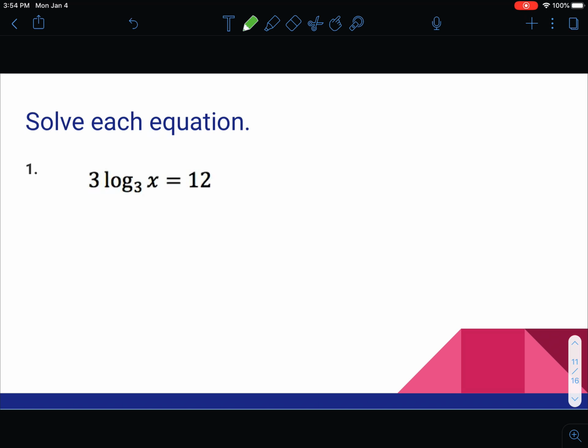So if we think about our x, and this part you don't have to write down, but if you remember, we did these do and undo steps. What was done to x first? Well, log base 3 was taken of that x. Okay, so that's the first thing. Then you multiply that by 3.